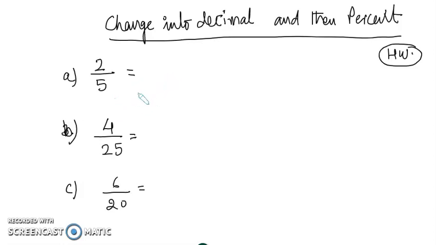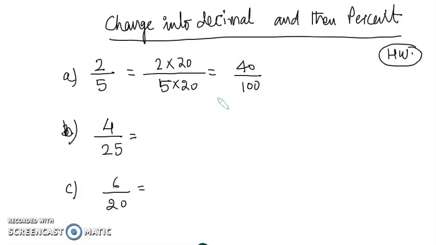That I will teach. First, you have to multiply it by 20. 5 times 20 gives you 100. So multiply 2 also by 20, so that you get 40 by 100.